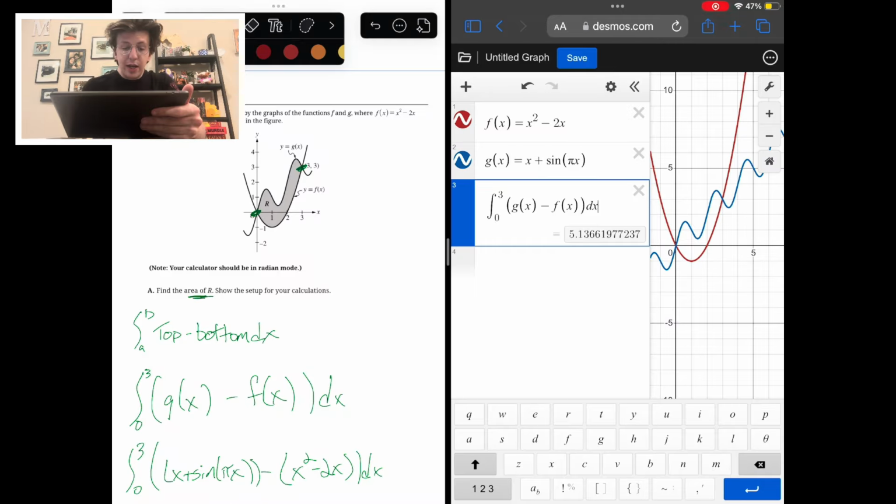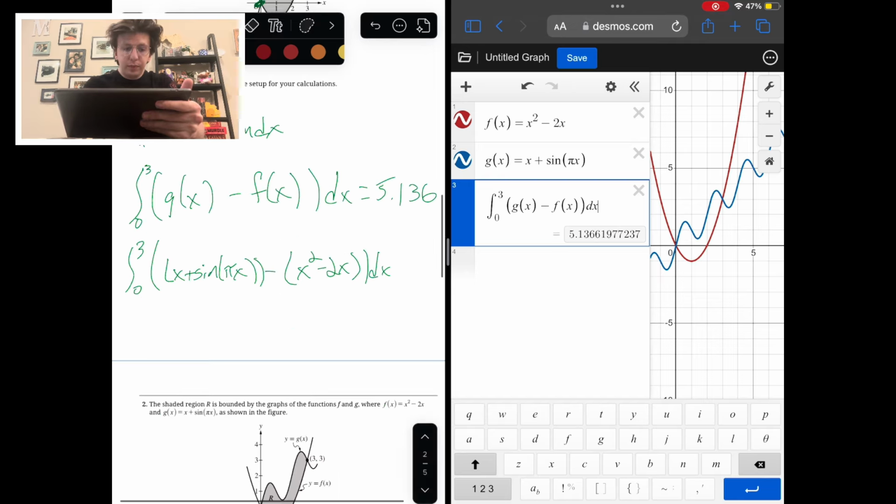All right, and we get the answer to be 5.136. Again, with AP, you do not need to round at all. You just need the 3 decimal places. All right, so that is problem number 1.